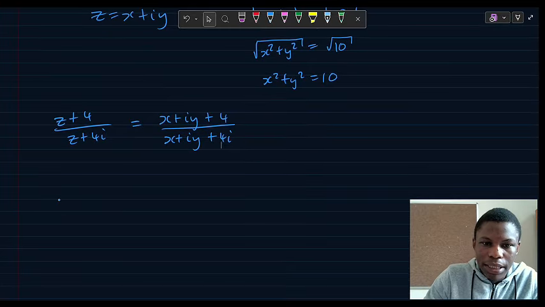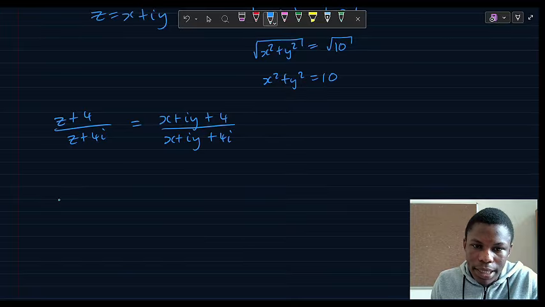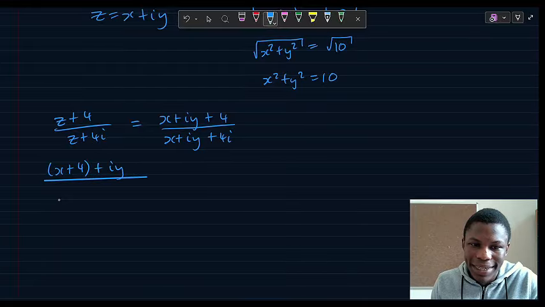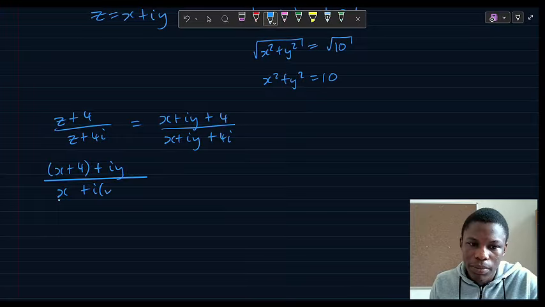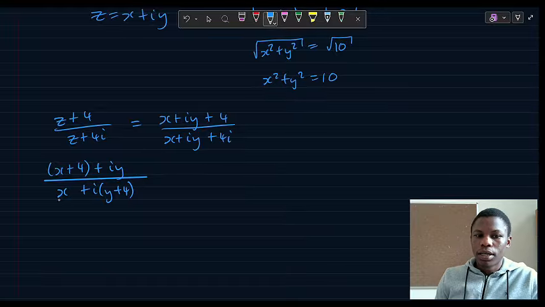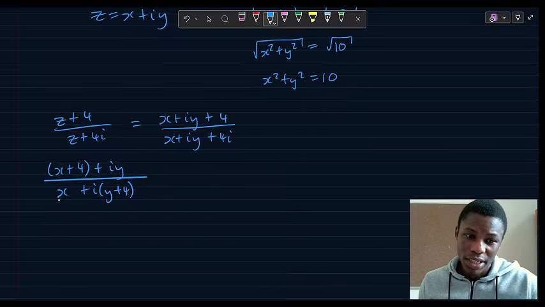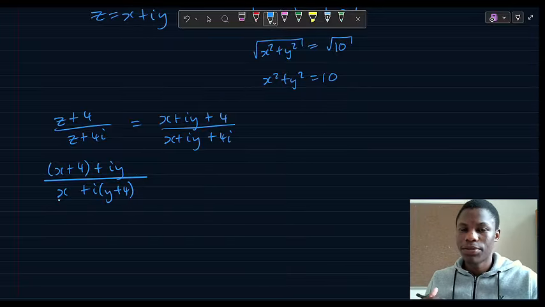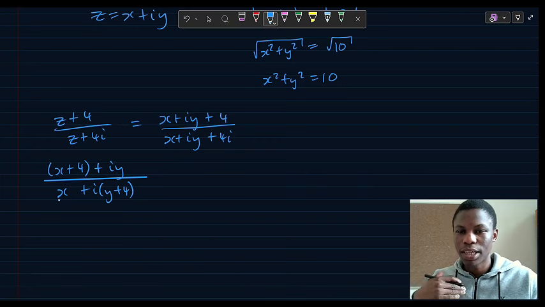In the numerator, I want my real parts together, so that's the x and the 4, and then my imaginary part is the iy. In the denominator, my real part is just the x, and my imaginary part is the y + 4. For us to figure out what the imaginary part is, we're dividing two complex numbers, right? So we have to multiply both the numerator and the denominator by the complex conjugate of the denominator.